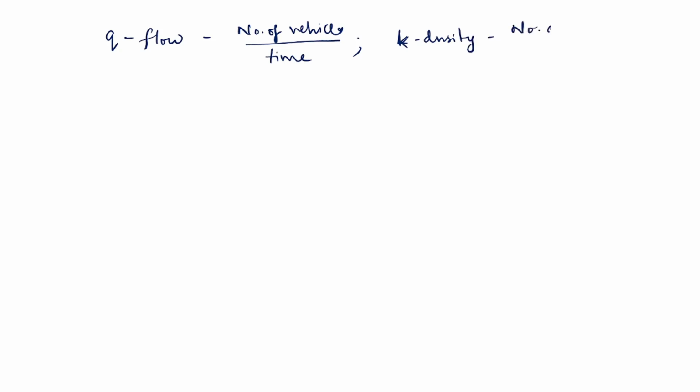Q is flow, and its units are number of vehicles in a particular time. K is density, the number of vehicles divided by length, in a particular length.